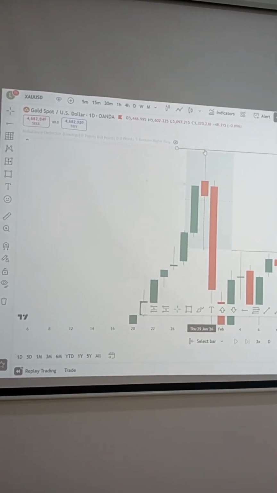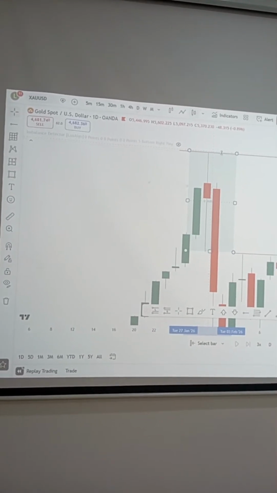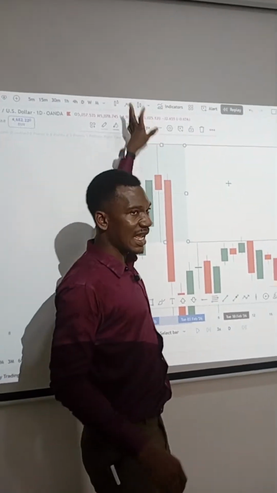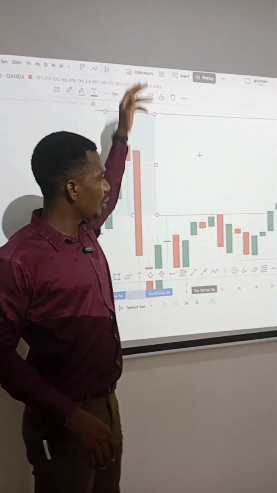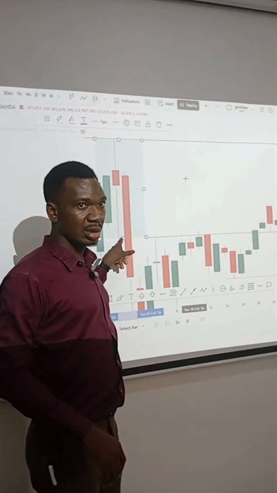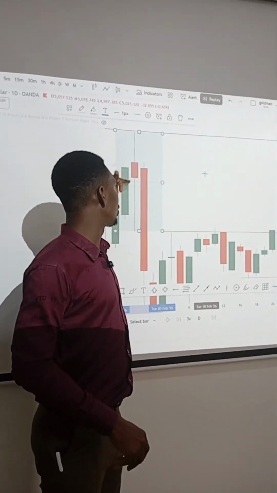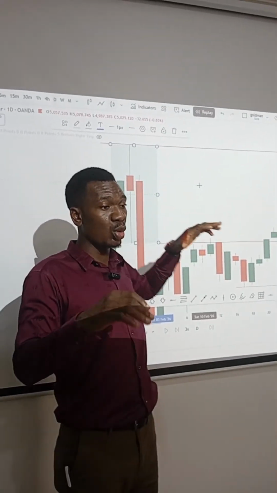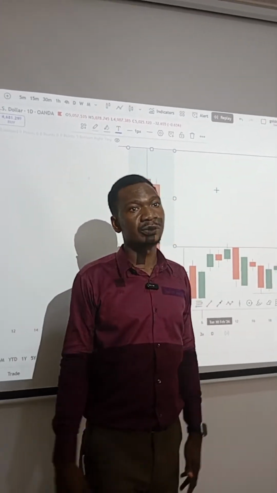This is the base. So we have the proximal line and the distal line. You guys remember now? Yes. Distal line is the extreme. Proximal line is here. So adjust the proximal line to meet at least the body of the candlestick. That is now what we call the preferred version.